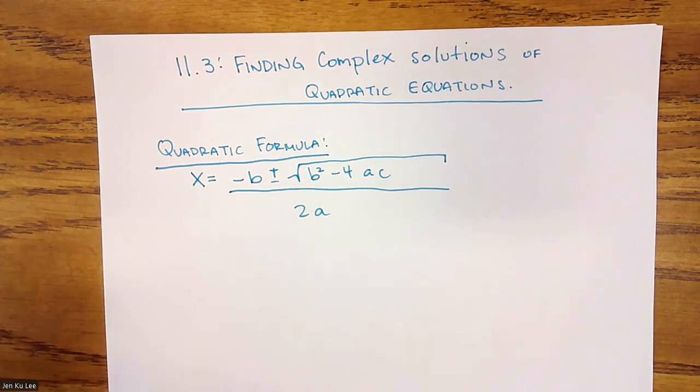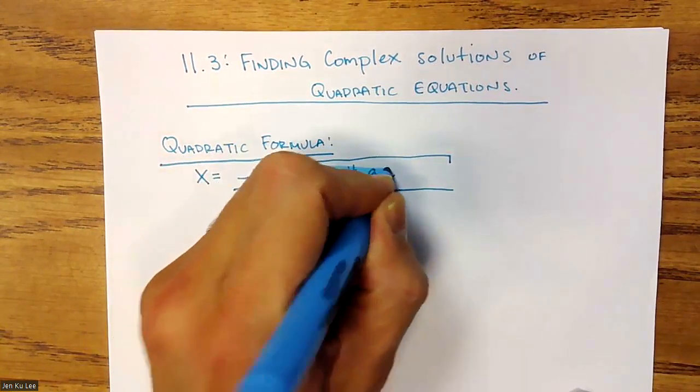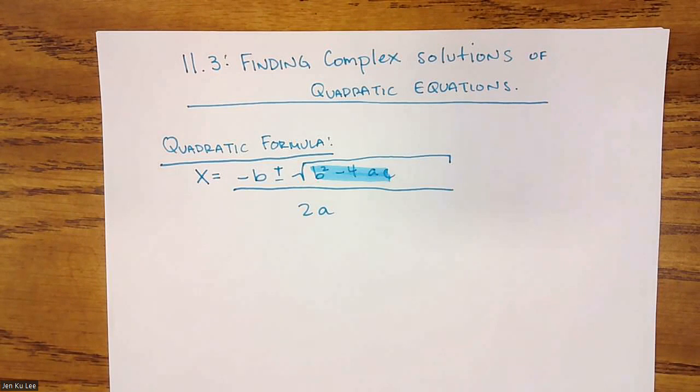If I plug my a, my b, and my c into this quadratic formula, when do I have complex solutions? When this part of my quadratic formula, the b squared minus 4ac, is negative, right?